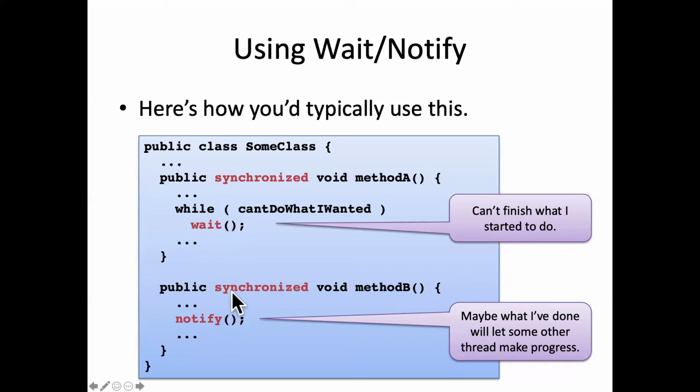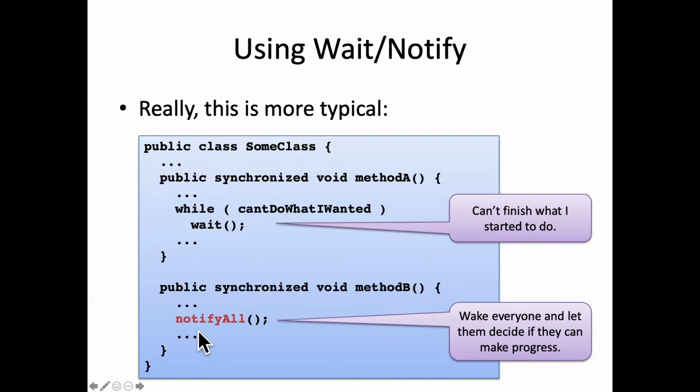If you're inside a synchronized method and you want to wake up a thread, you'll just call notify and that'll wake up one thread in the wait set and put it back in the entry set. In fact, in Java, it's probably going to look more like this. Because like I said, if you might have a bunch of threads waiting on some condition, waiting in the wait set, and you can't necessarily wake up just the one thread that you want to wake up, you might have to settle for waking them all up.